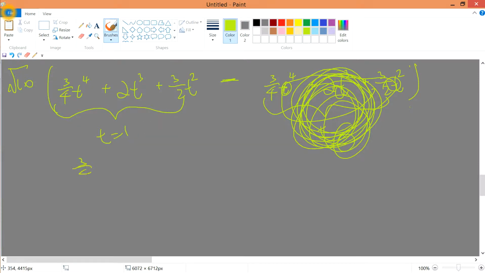Therefore we have 3/4 plus 2 plus 3 over 2, times square root 10, when t equals 1, because everything here is 1. Just check it out, it's pretty straightforward. To do it out, just type it inside the calculator. You would have 13.439, which is approximately 13.44, and this is your answer.